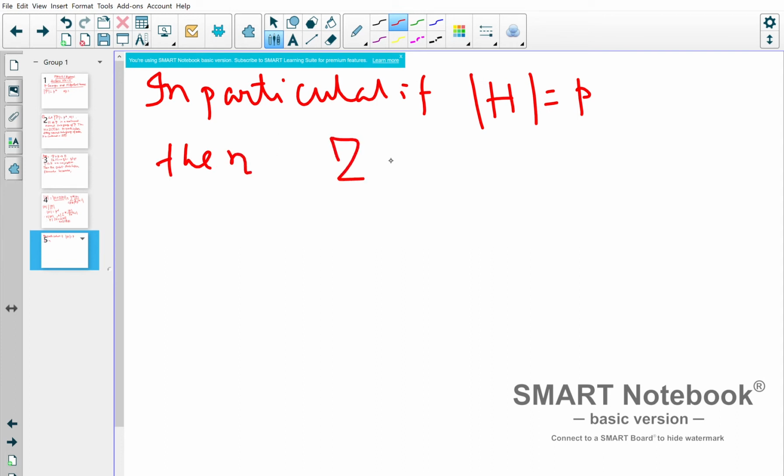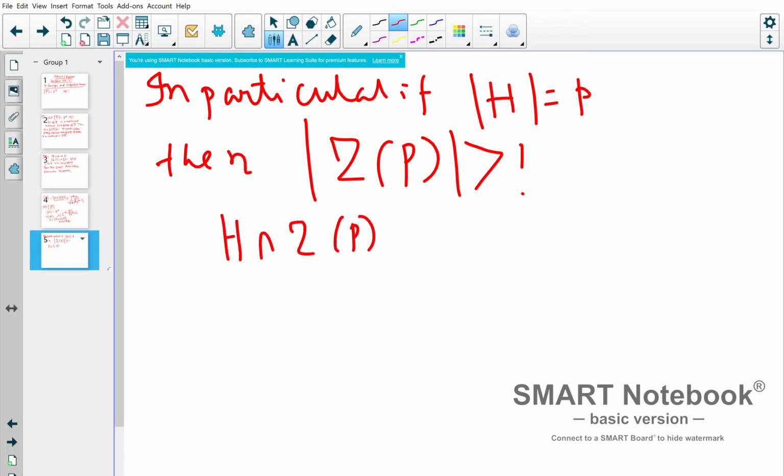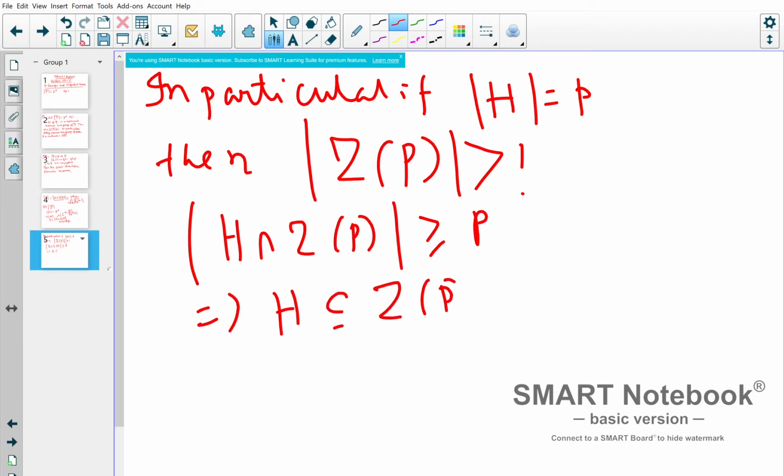We already know that the center of this p-group is non-trivial. And if H has order p, then the order of H intersection the center is at least p. So what does that mean? That implies that H is a subgroup of the center of P.